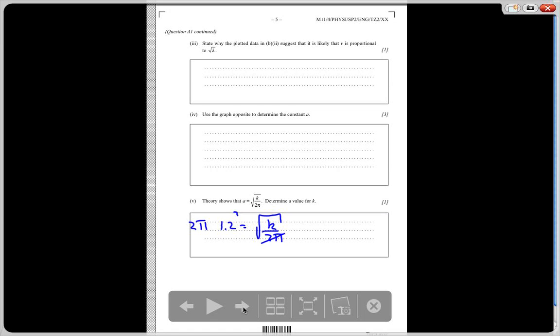So k will equal 2 pi times 1.2 squared, and we should be getting a k value there of about 9.4 meters per second to the minus 2 is our value there. Okay, so that was that question.